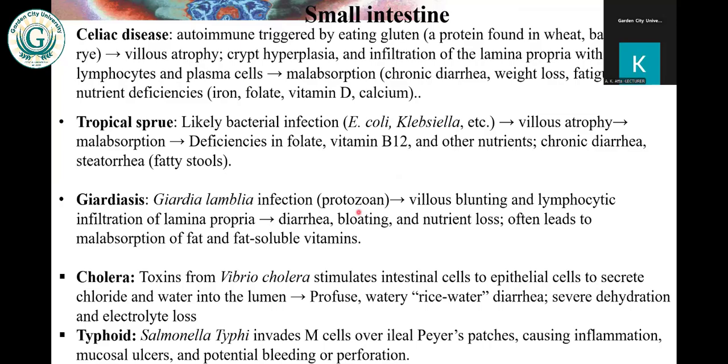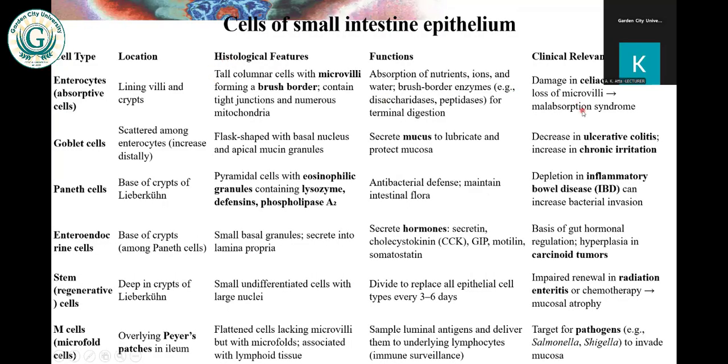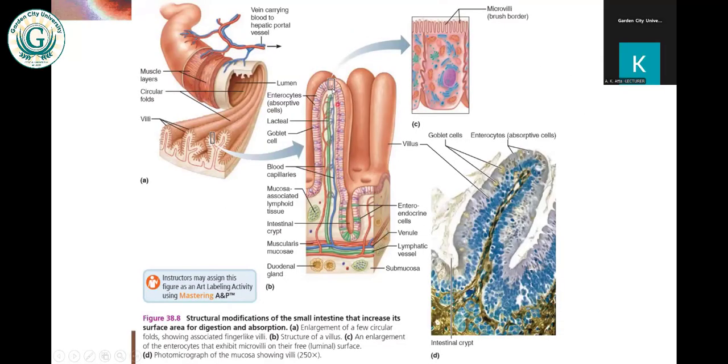So at the end of the day, once there is atrophy and loss of the villi, it will lead to malabsorption. Now, this point and that point are basically the same thing. They're saying that damage to the enterocyte will lead to loss of microvilli. Now, this is the villus.